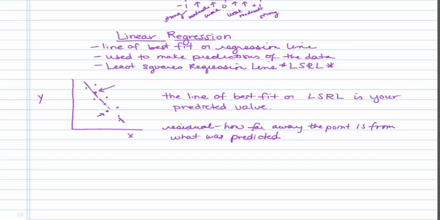So basically, when we look at this point right here, technically, for this X value, what was predicted was all the way up here. I'll circle. That's kind of where it's predicted to be. But it's actually a lot lower than that.